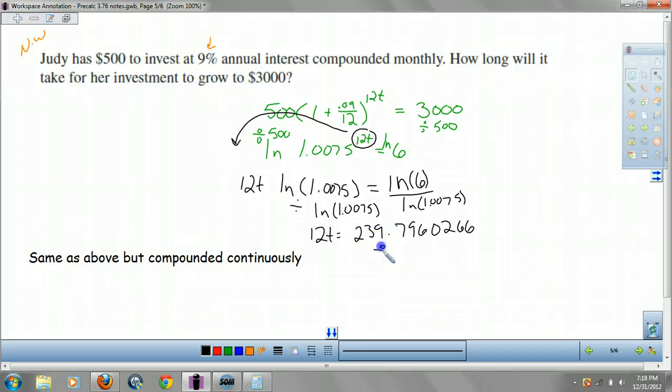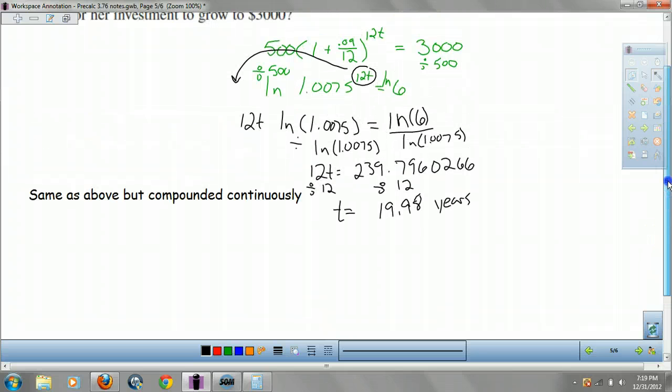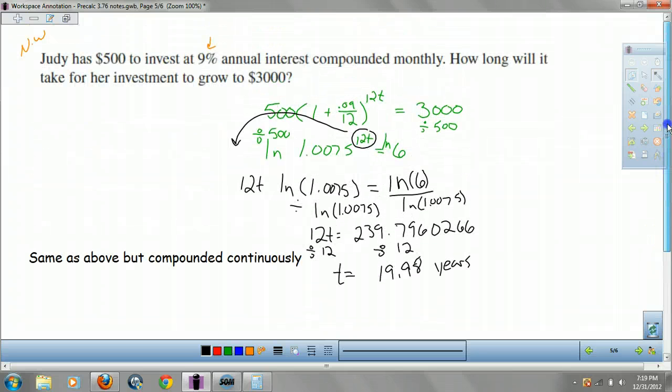And from here, it's good old-fashioned divide both sides by 12. And you get the time it'll take is about 19.98 years. All there is to it. Easy.